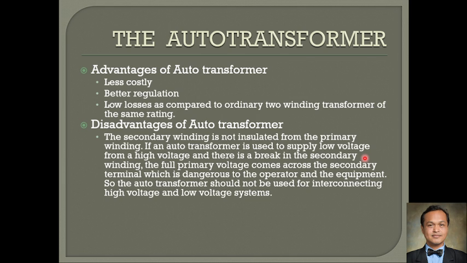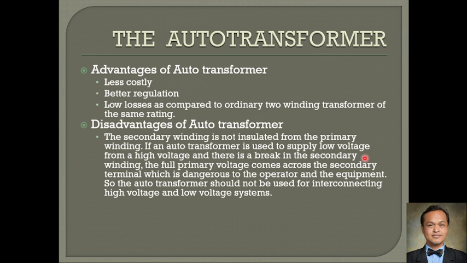because they are physically connected. If an auto transformer is used to supply low voltage from a high voltage and there is a break in the second winding, then the full primary voltage comes across the secondary terminal, which is dangerous to the operator and the equipment.